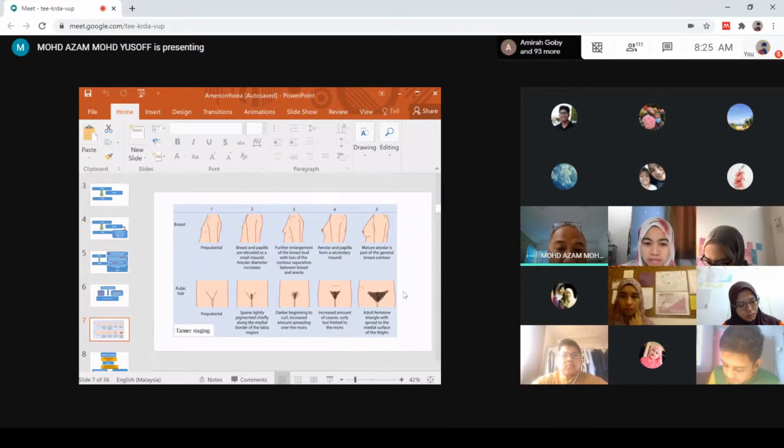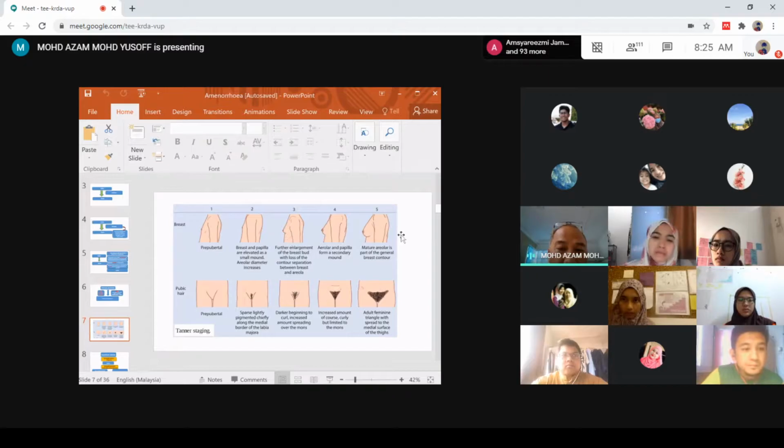So to grow the pubic hair, they need androgen, whereas the breast needs estrogen. So this is the most mature, stage 5. Stage 4 and 5, not bad actually, but this is the most mature that we need to achieve.